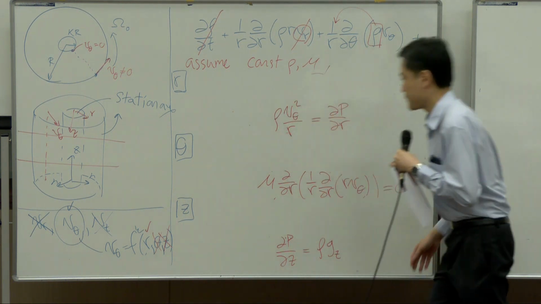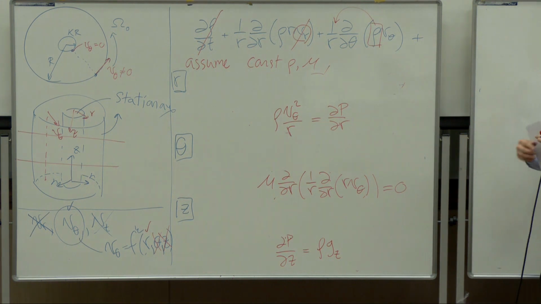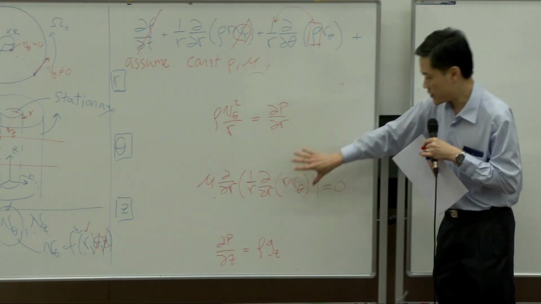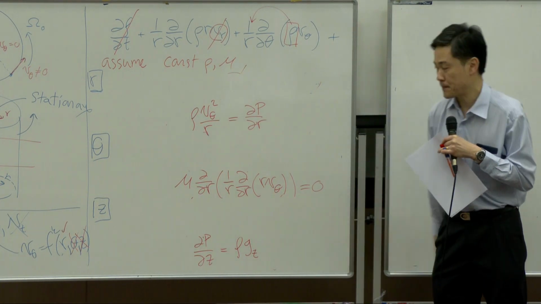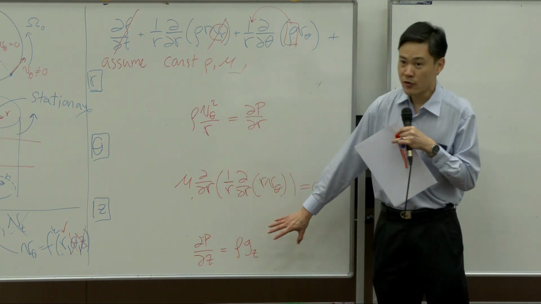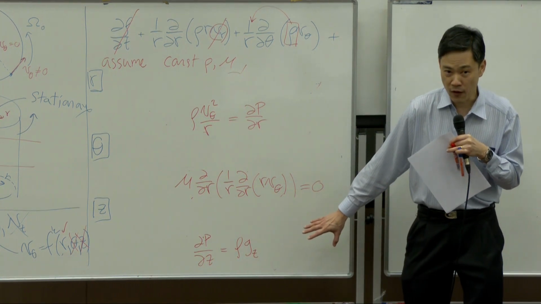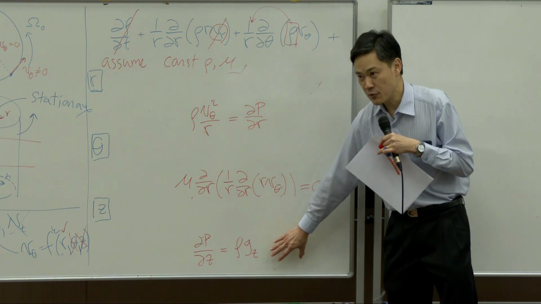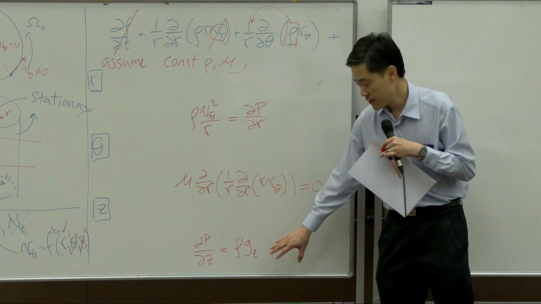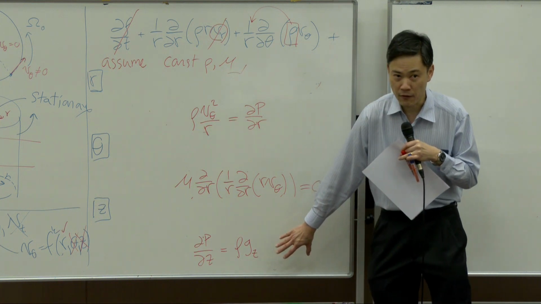All right? So from 3 dimensions of Navier-Stokes equation, you have R equation, theta equation, Z equation. Okay? From these 3 equations, you can see that in order to find velocity profile, Z equation is useless. It does not contain any velocity component. This equation gives you pressure profile.